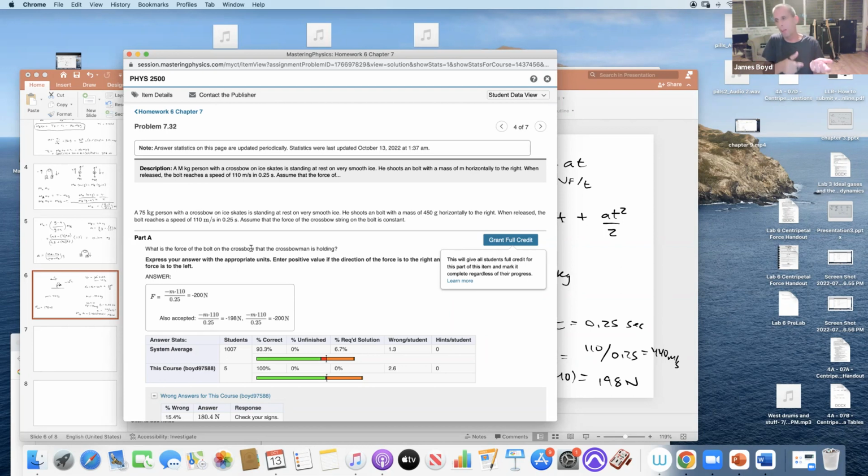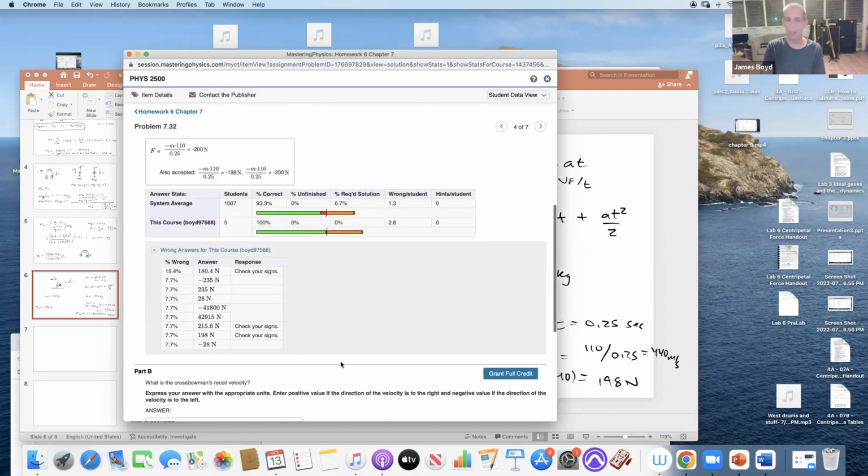When you fire a crossbow, the crossbow bolt basically kicks back into the crossbow. You get a little bit of a kick. That is the force that we just found. It's negative because they're actually asking for the force of the crossbow bolt on the crossbow, not the force on the crossbow bolt due to the crossbow. They want the force on the crossbow due to the crossbow bolt. So it's negative.